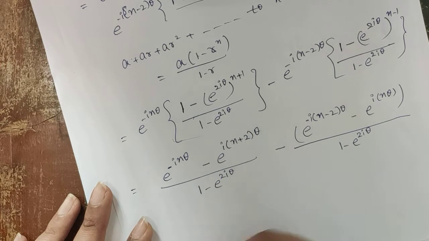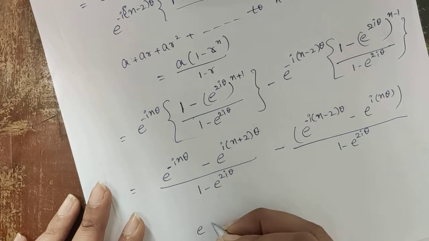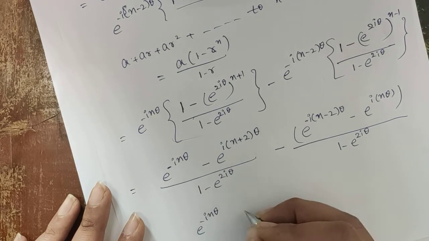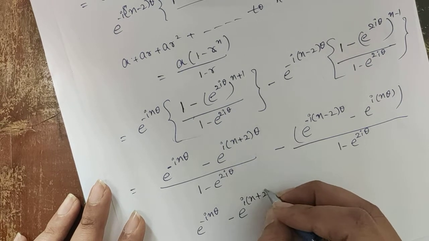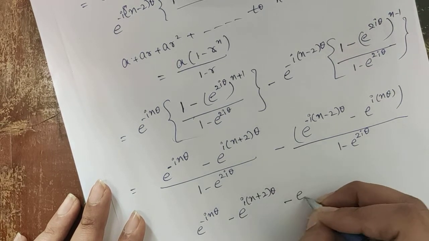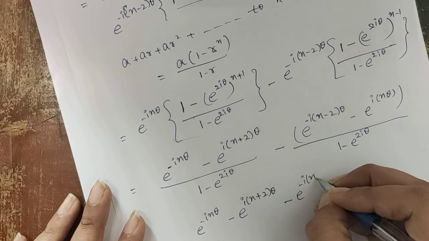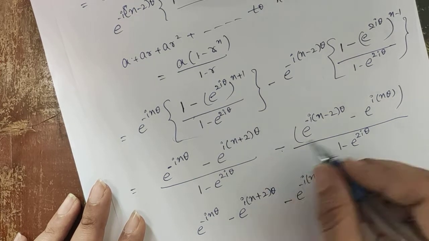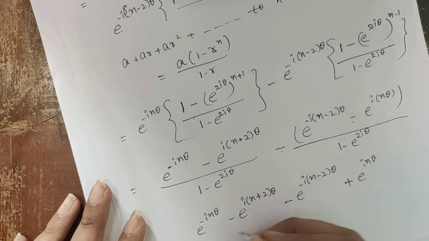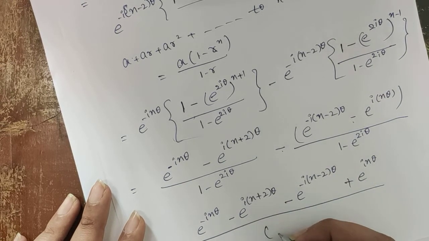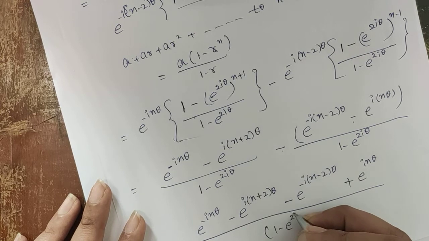So this is my LCM. We will get e power minus i n theta minus e power i into n plus 2 into theta minus e power minus i into n minus 2 into theta, minus into minus is plus e power i n theta, whole divided by 1 minus e power 2i theta.